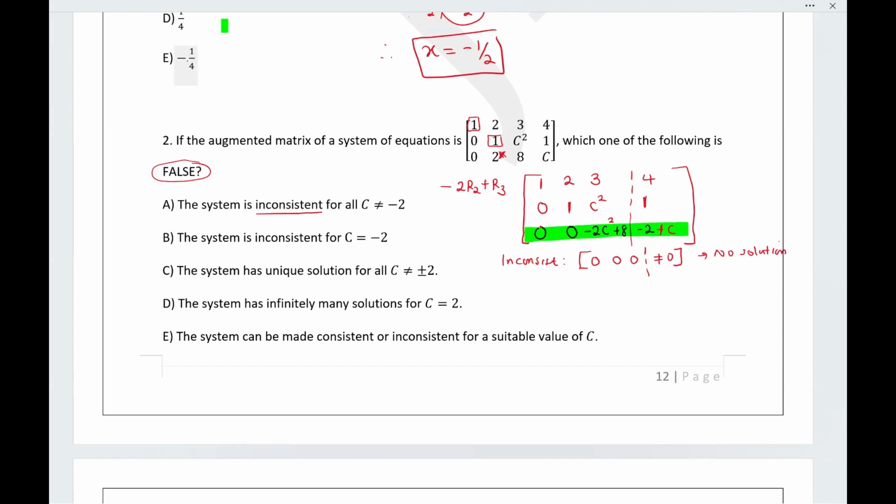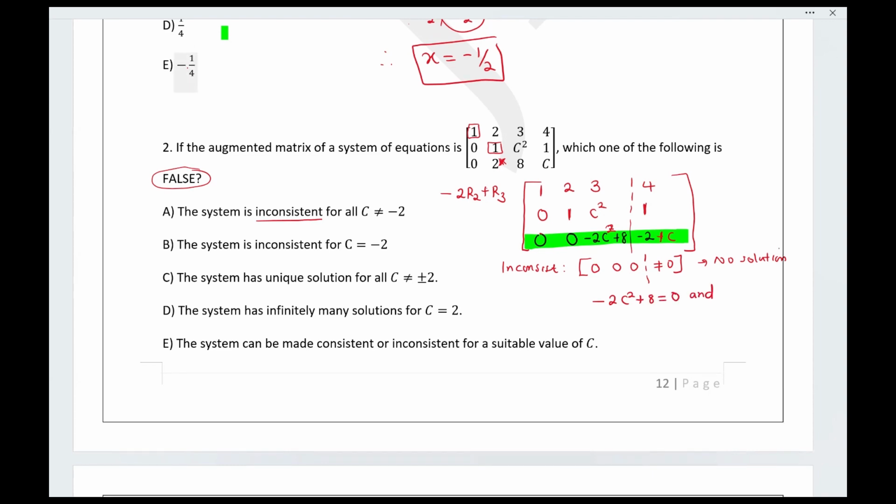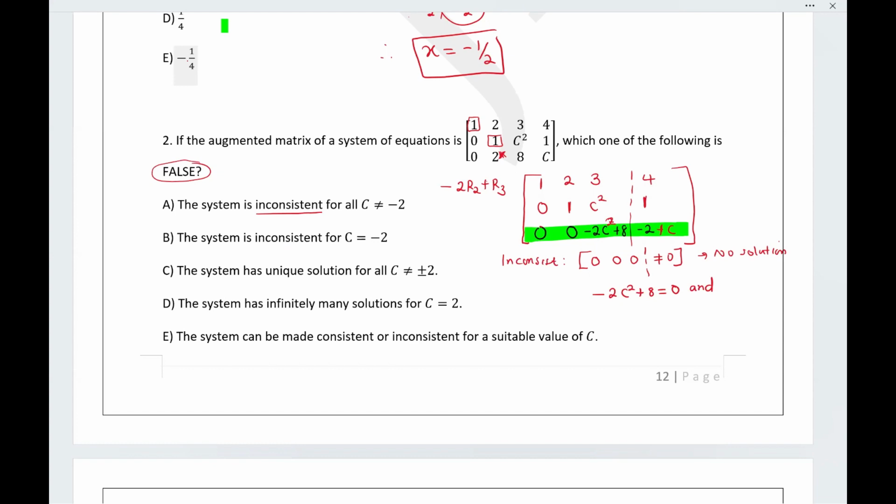So it means that you want this guy, which is minus 2C squared plus 8, to be 0. And the right-hand side, which is minus 2 plus C, you don't want it to be 0.